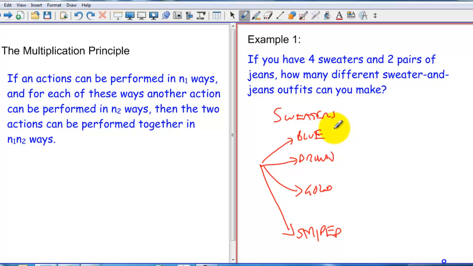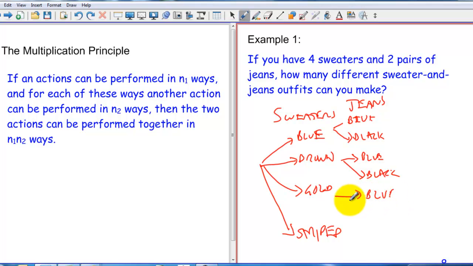And so let's say you've got your blue jeans and your black jeans. So this is the jeans column. Blue or black for each one of these. Blue. Oh, there's the blue and gold person. Black. Blue. Black.